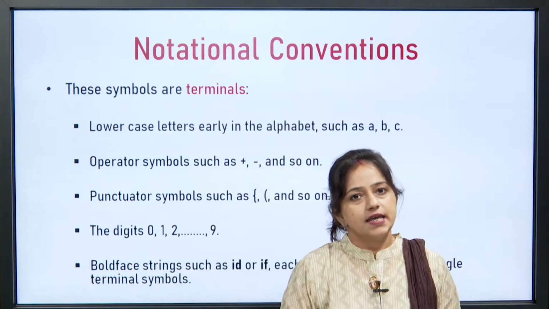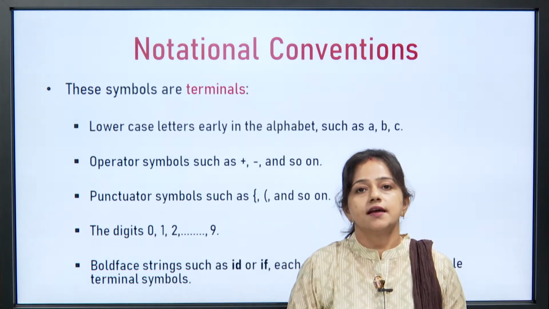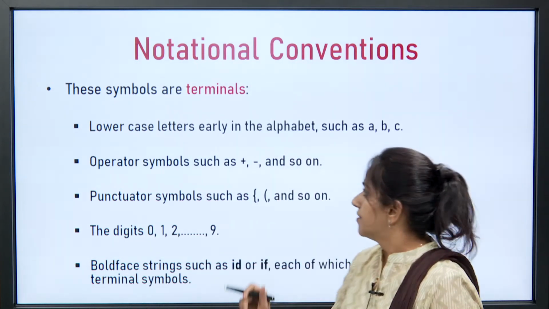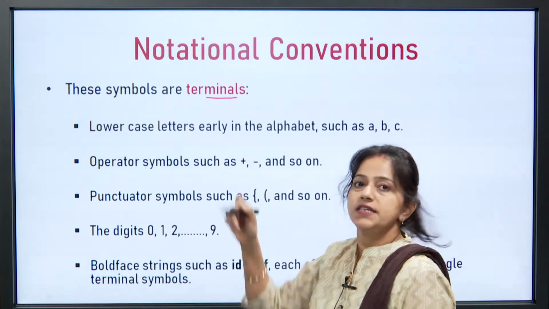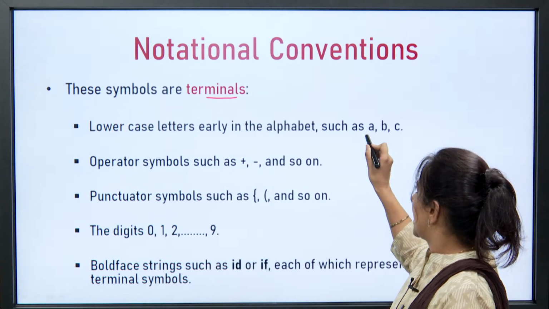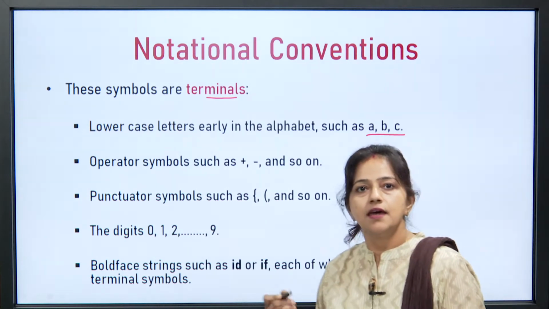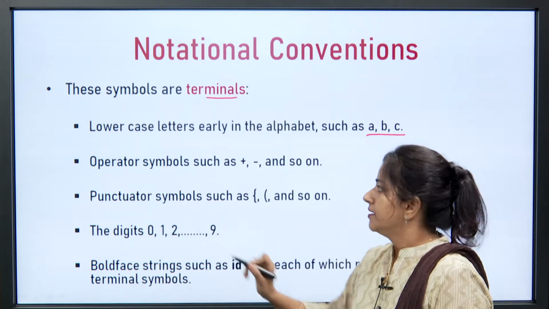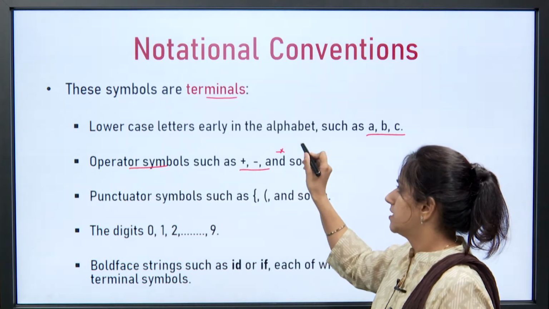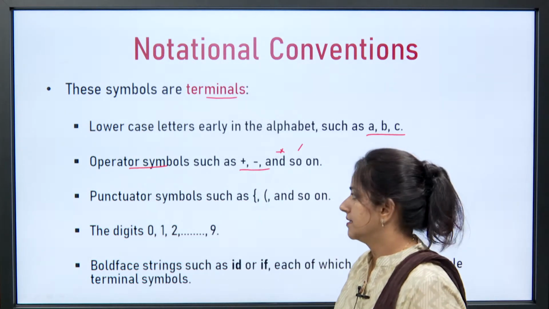Now, very quickly we will go through certain notational conventions that will be used in context free grammar. First, these symbols can be terminals. Lowercase letters early in the alphabet, like small a, b, c, can be terminals. Similarly, operator symbols like plus, minus, multiplication, division can be terminals.